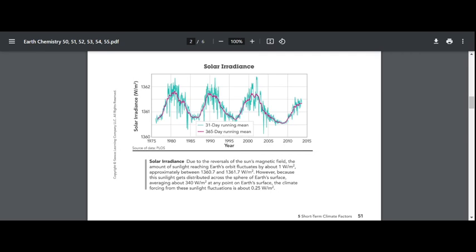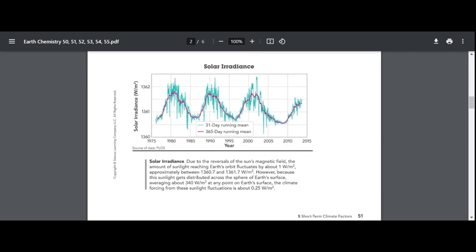Okay, so solar irradiance. Due to the reversals of the sun's magnetic field, the amount of sunlight reaching Earth's orbit fluctuates by about 1 W/m², approximately between 1360.7 and 1361.7 W/m².